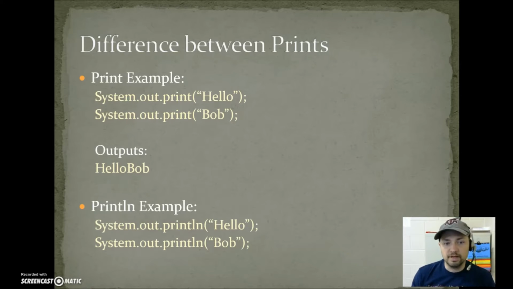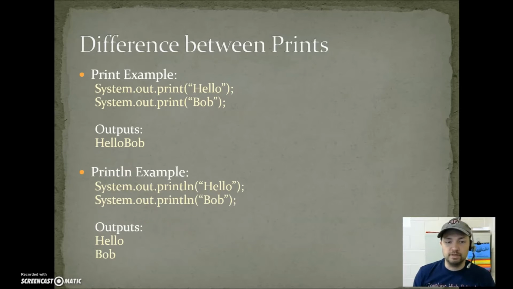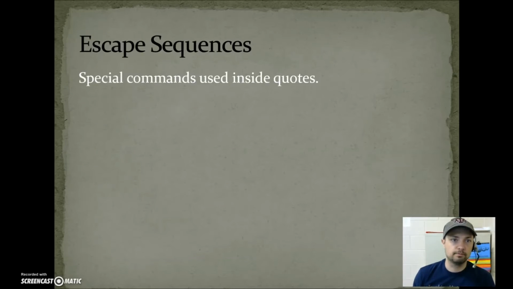If we did println, system.out.println hello, system.out.println Bob, the output would be hello, move to the next line. Bob, move to the next line. So the cursor would be directly below Bob, so the next thing that gets printed would fall below Bob. So println types the text that you gave and then moves to the next line.